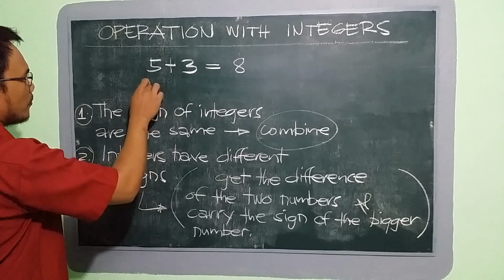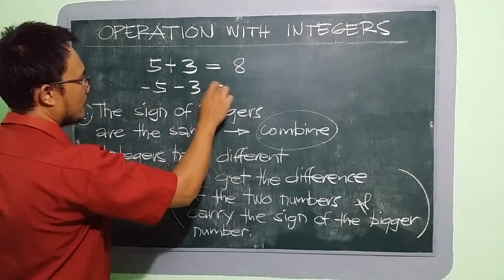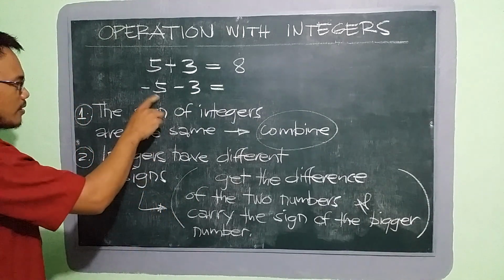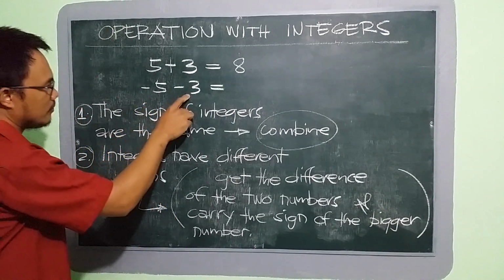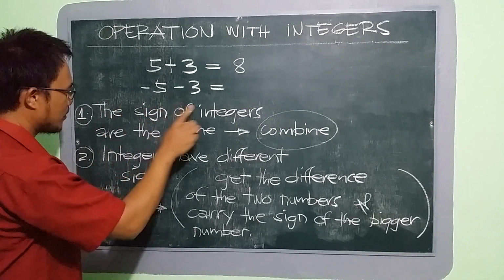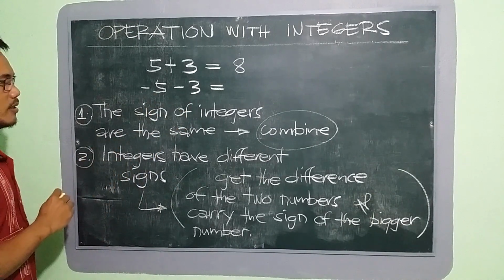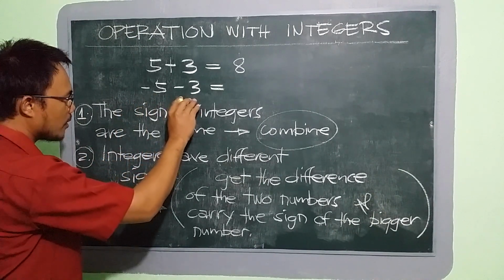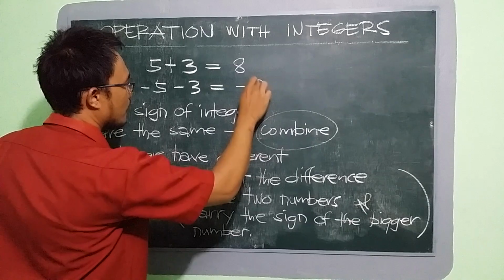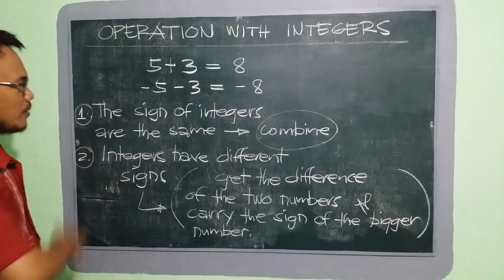Another example, if we have negative 5 minus 3, take note that 5 is negative this time and 3 is also negative. Since they have the same sign, all you have to do is combine the two numbers. So we have negative 5 and negative 3, that is negative 8. Some more examples.